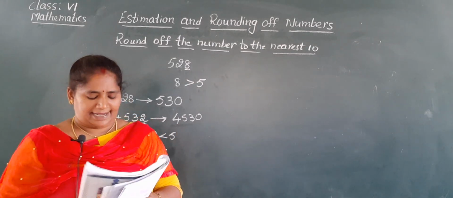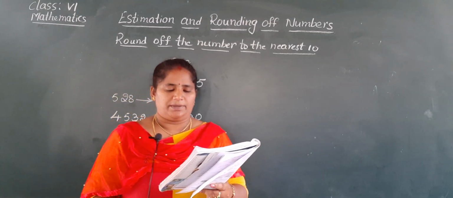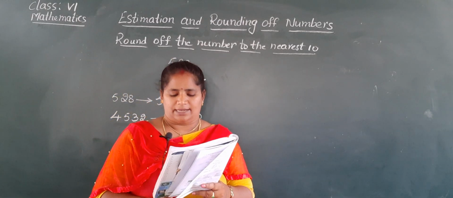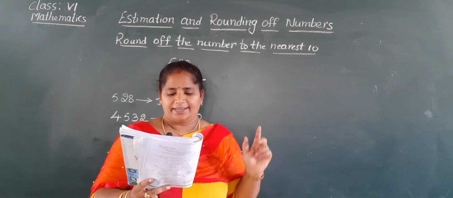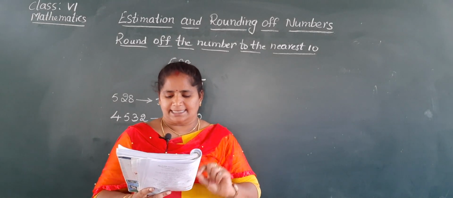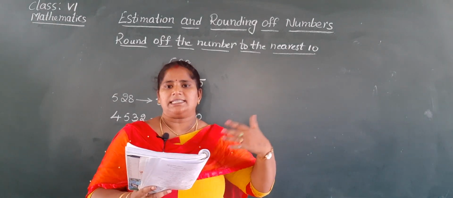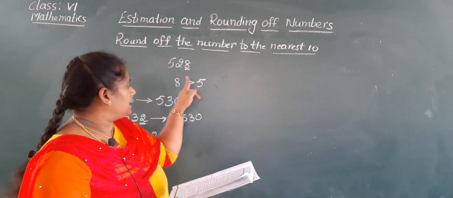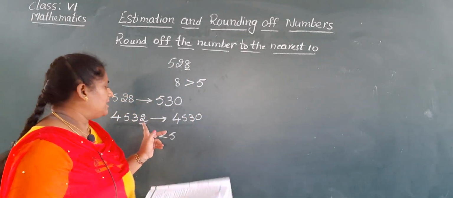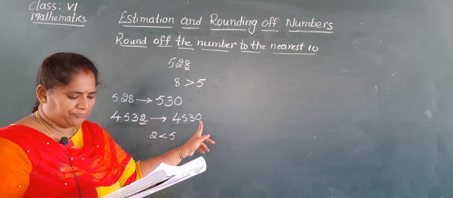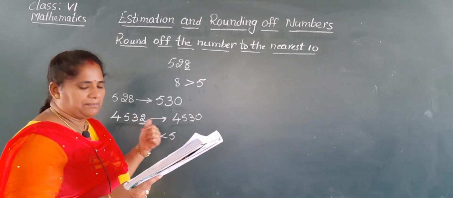See in your textbook, in order to estimate or round off the number to the nearest tens, if the digit in the ones place is less than 5, replace the ones digit by 0 and other digits remain the same.